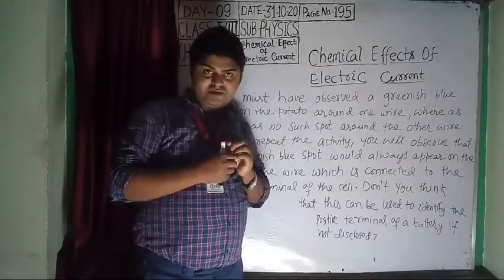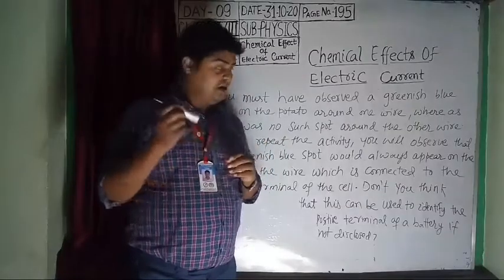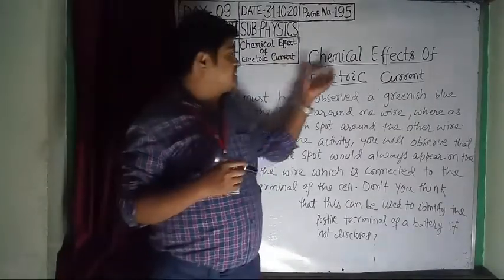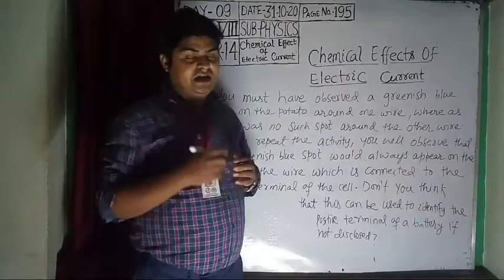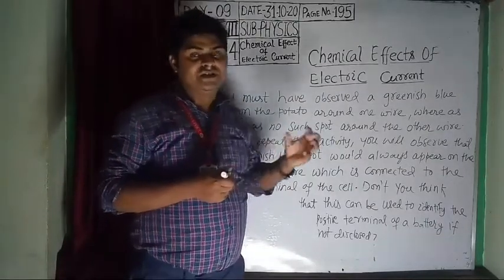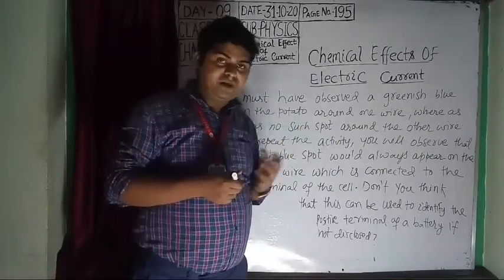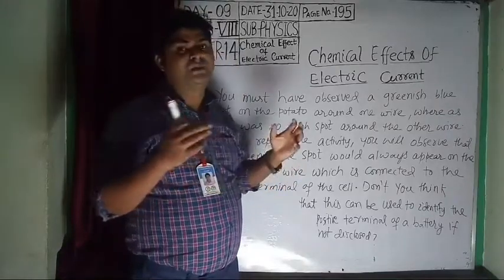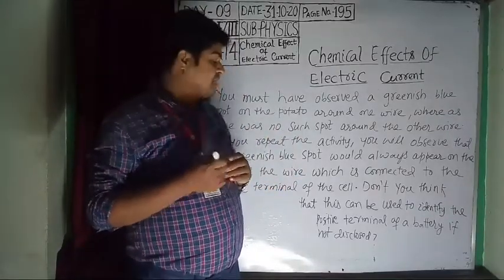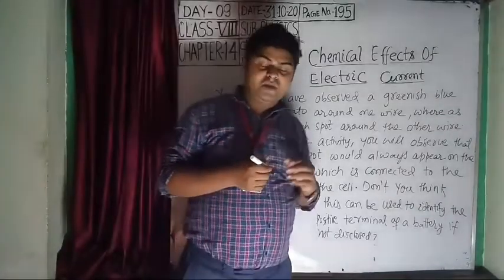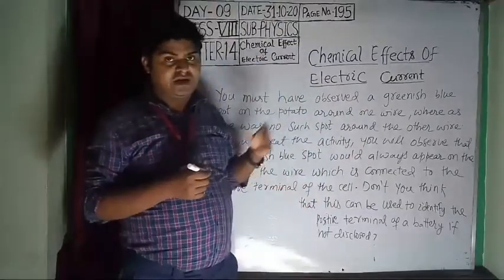So the chemical effect of electric current is used to separate metals from a combination of metals. Another use is electroplating, which I will teach in the next class.